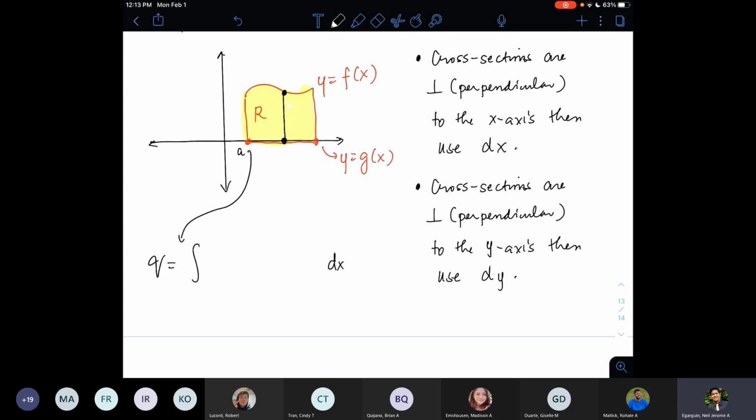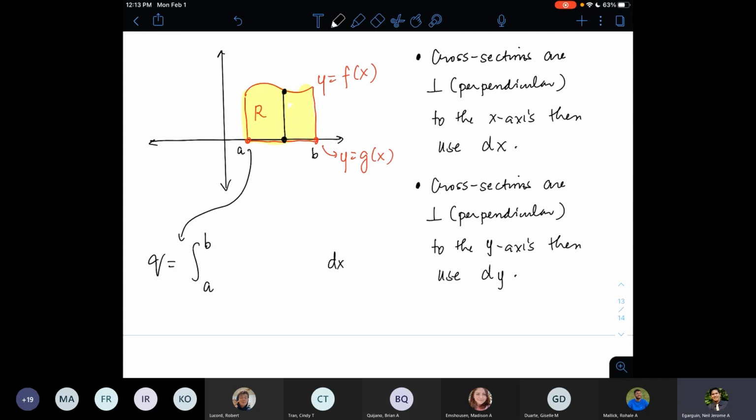Say the region started at x equals a and ended at x equals b. So the bounds will be a until b. Then what's the integrand? Well, since we are dealing with volume, the integrand will not simply be the height of the vertical strip, but would be the area of the cross section. And this area will be given in terms of the variable x.